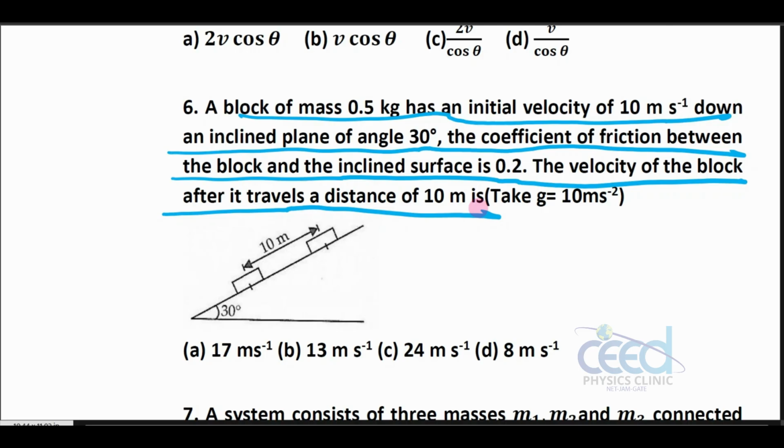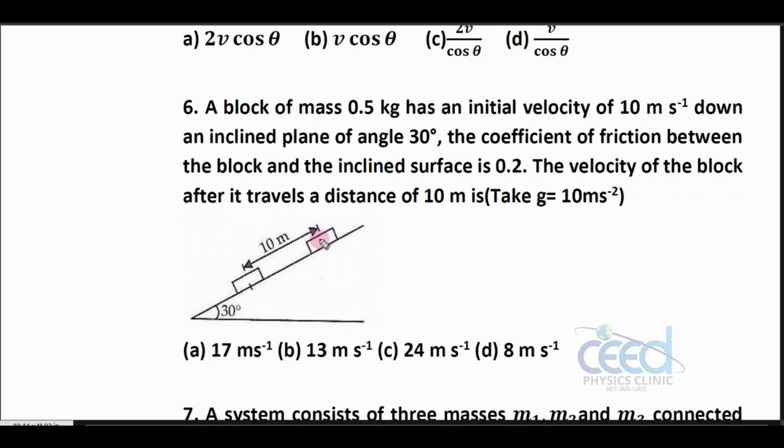That means one block on the inclined plane is traveling down a distance of 10 meter, and the angle is 30 degree, with the coefficient of friction given as 0.2.